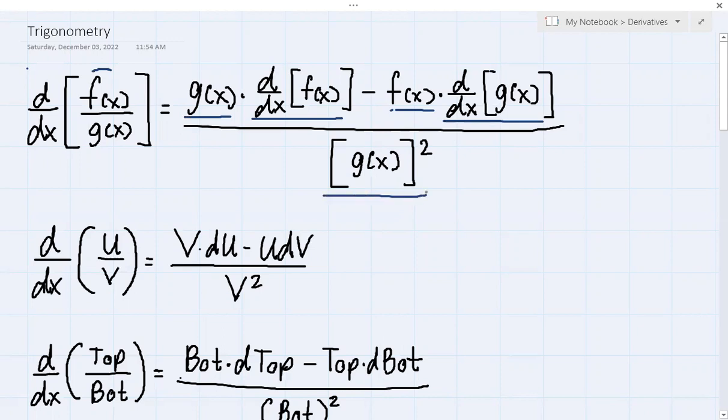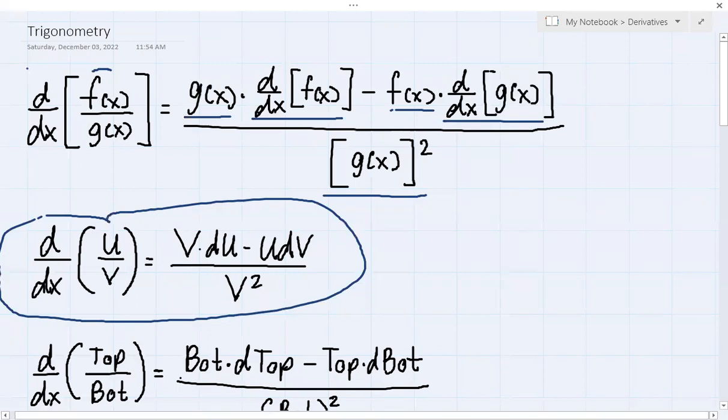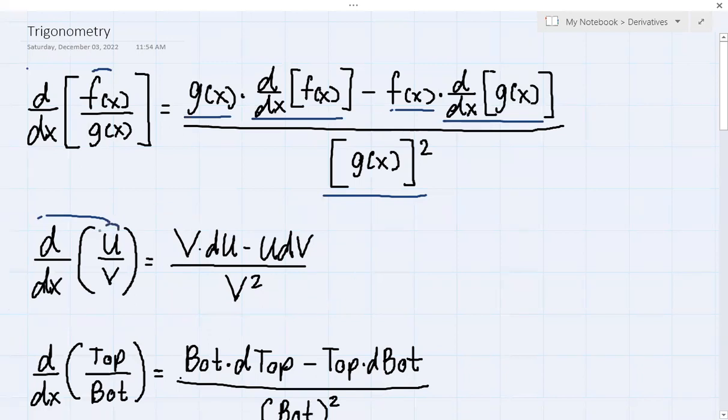Yun yung original formula niya. Or, let's just make it creative. Okay? Since sa product rule, gumamit tayo ng letter U at letter V, so we can use letter U and letter V in this case. So, in here, your U is the numerator.